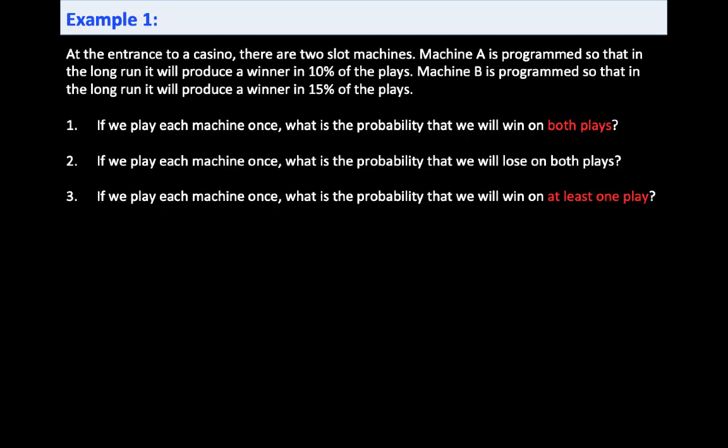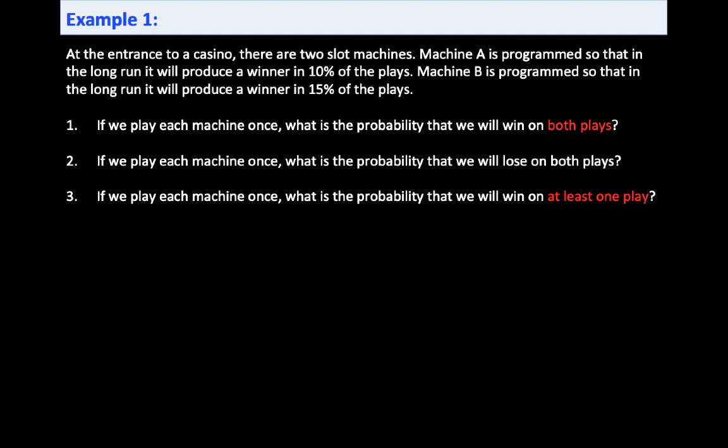Example. At the entrance to a casino, there are two slot machines. Machine A is programmed so that in the long run it will produce a winner in 10% of the plays. Machine B is programmed so that in the long run it will produce a winner in 15% of the plays.